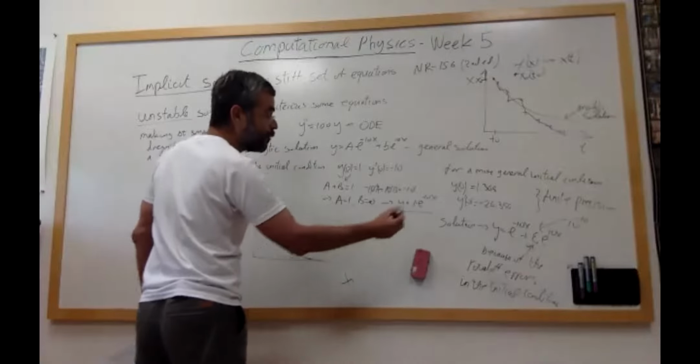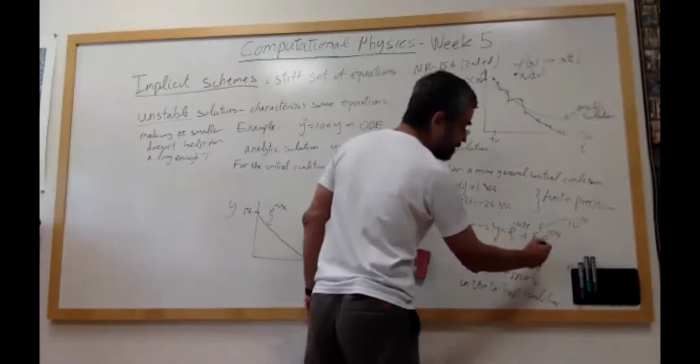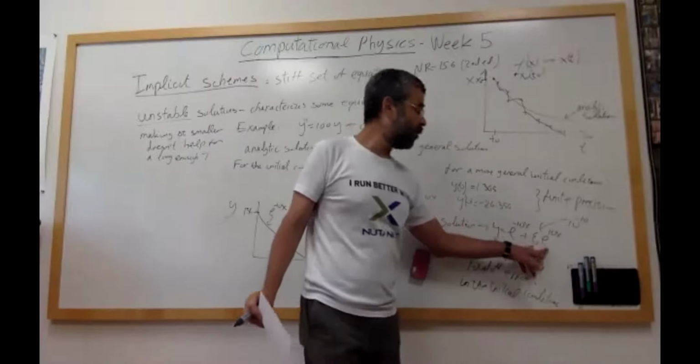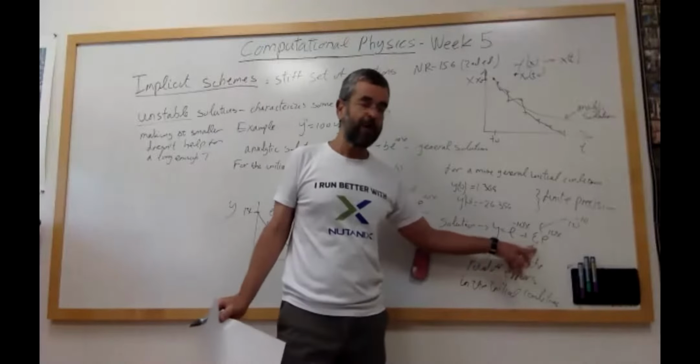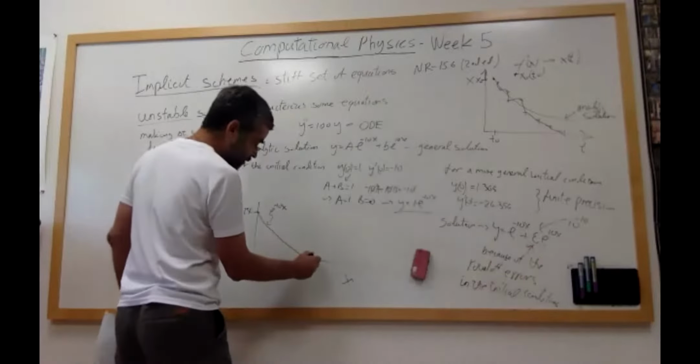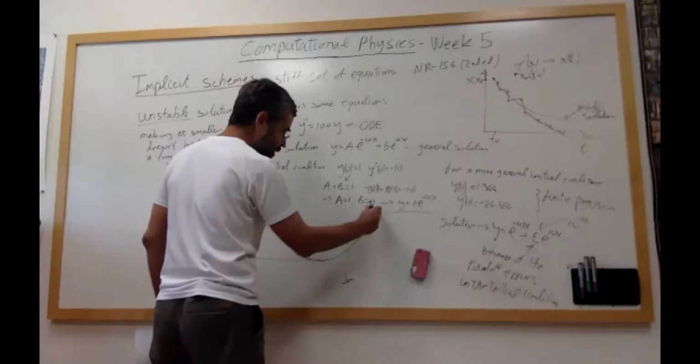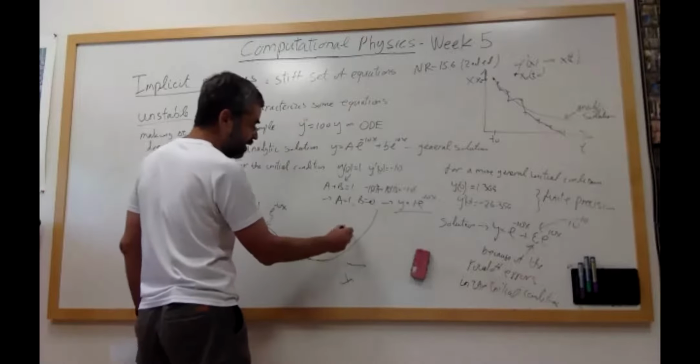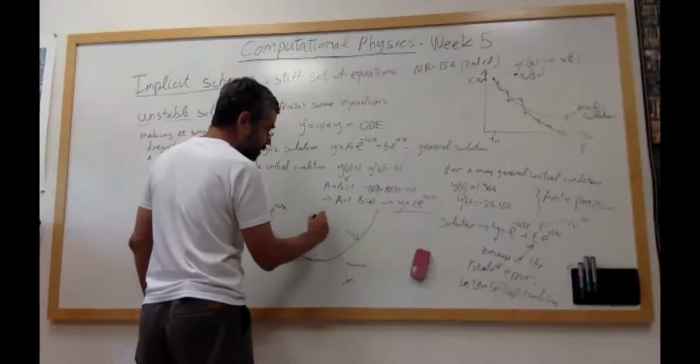But for a large enough x, the epsilon times e to the 10x term will always dominate, regardless of how small epsilon is, and so it's going to diverge exponentially.